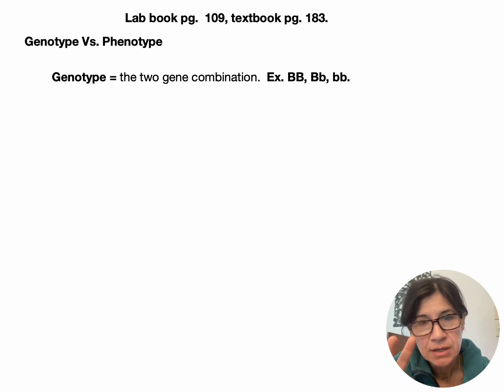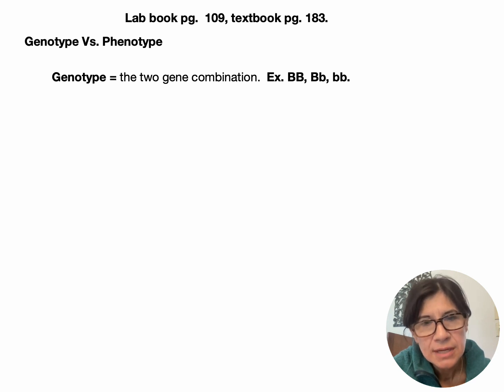Those genes can be in different forms, but for every trait, eye color, dimples, hair texture, height, number of fingers, it's 2 genes for every trait. You inherited 1 from your mom, 1 from your dad. So remember that. And so we designate those 2 genes, we give them a code by letters. So genotype refers to the 2 gene combination that we put down as 2 letters.